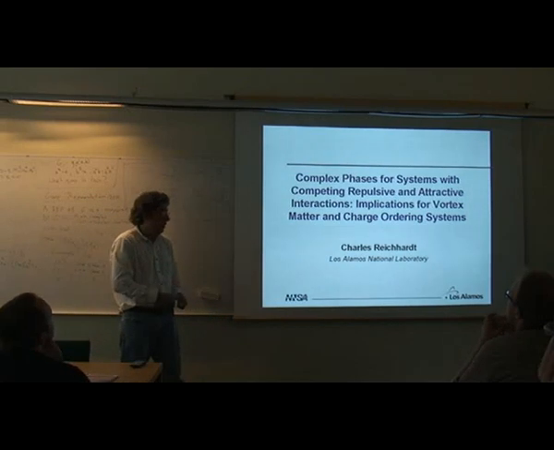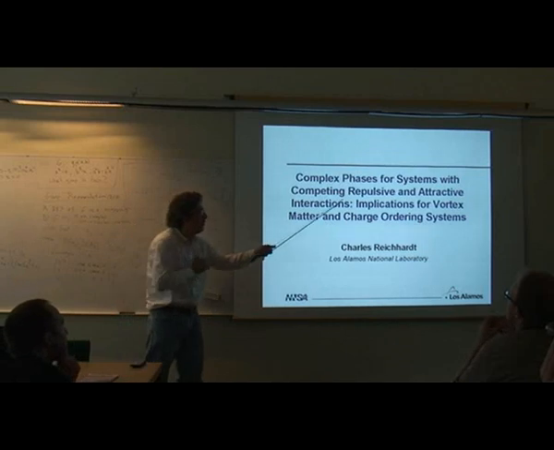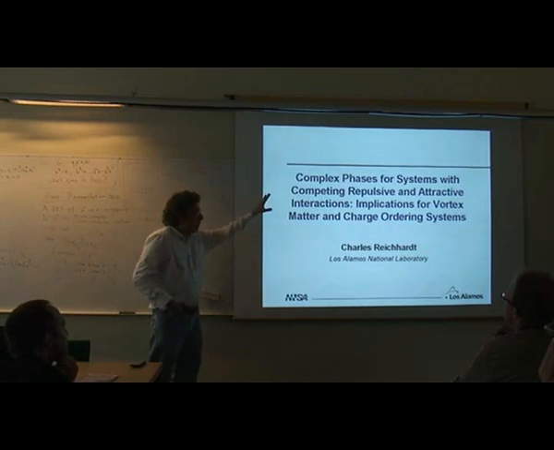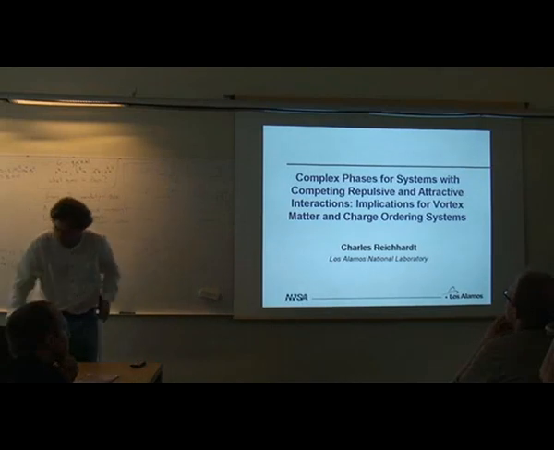That will give you the same kind of pattern you'd see with the attraction. And this might mean that there are a lot more ways to see these kinds of systems.